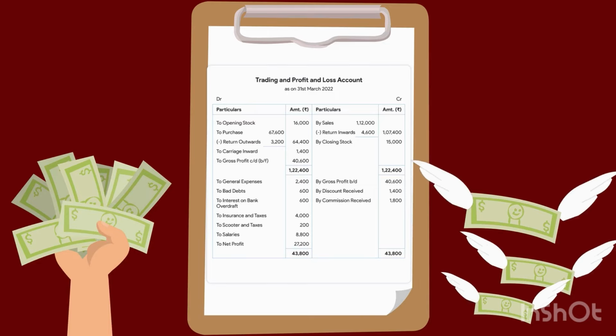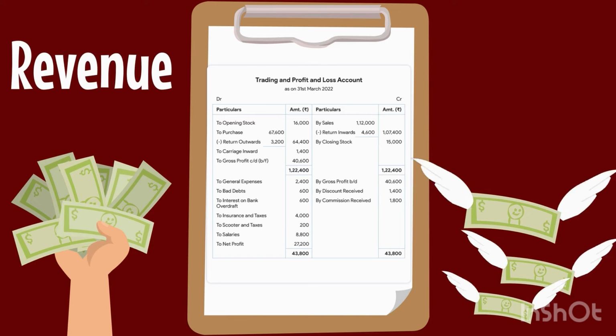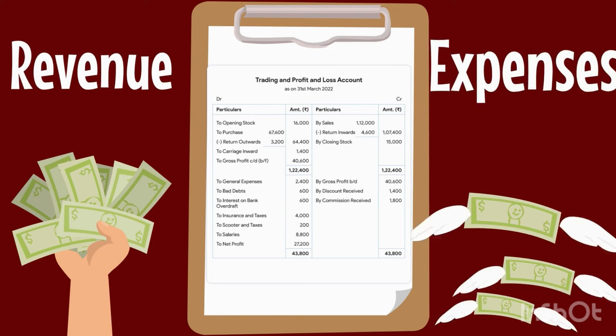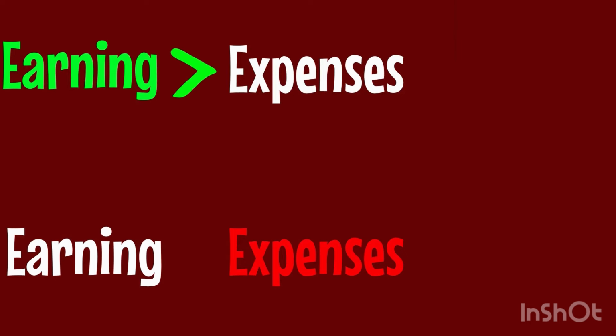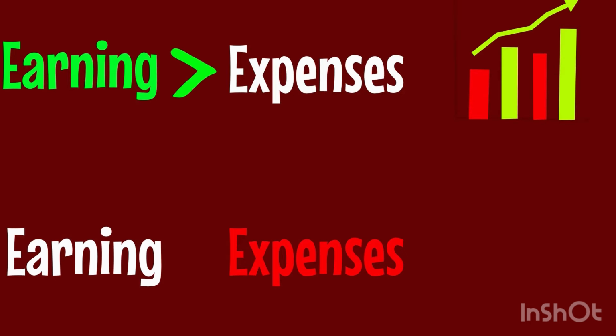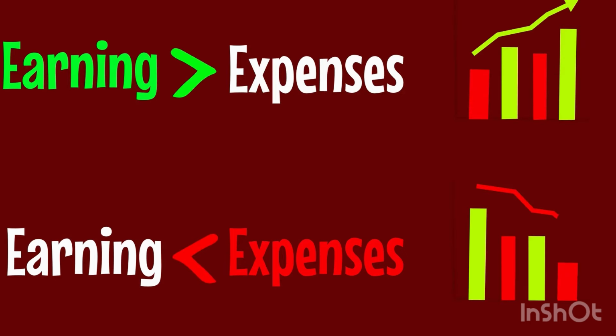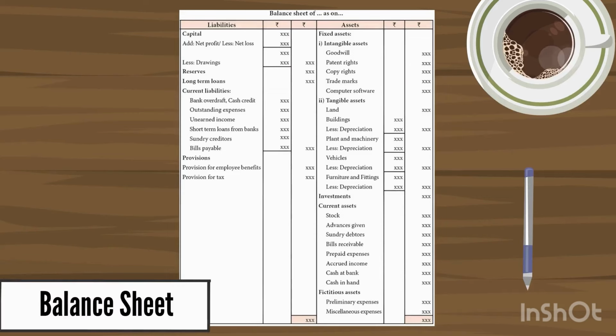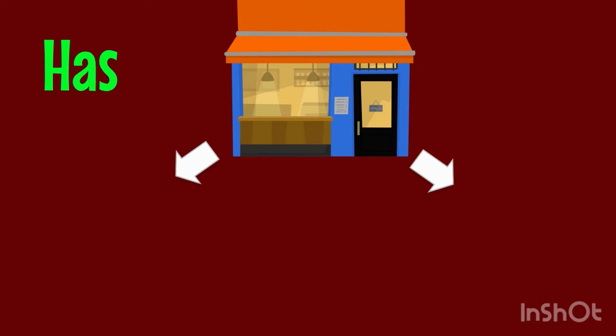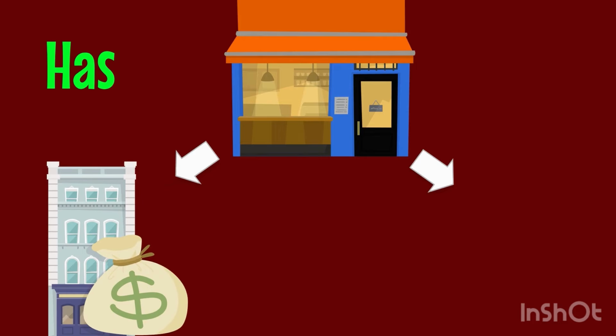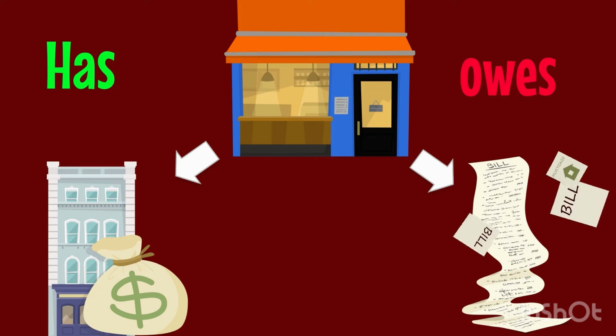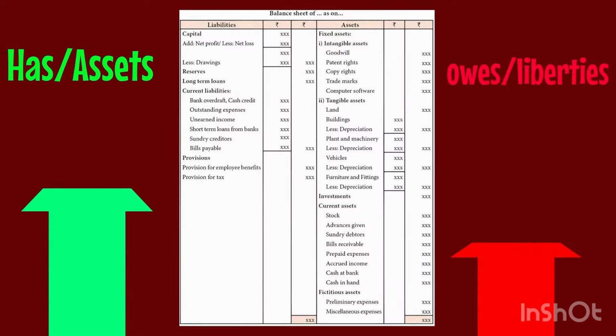It lists all the money the business earned, revenue, and all the money it spent, expenses. If the earnings are more than the expenses, there's a profit. If the expenses are more, there's a loss. And this is the balance sheet. It shows what a business has, like cash, buildings, etc., and what it owes, like loans or bills. It helps us see if the business is in good financial shape.